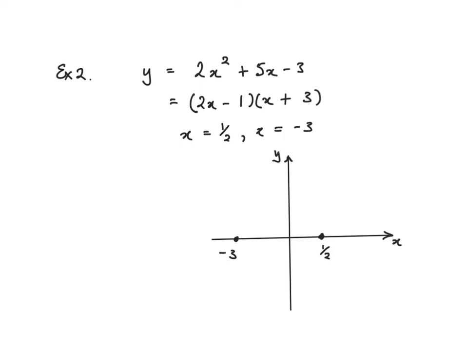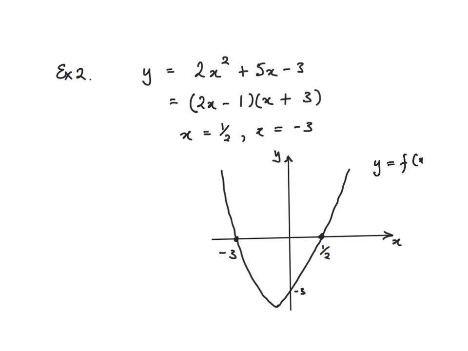Now it's a happy face graph because we've got a positive x squared. So there's something like this. We know that the y-intercept is minus 3. It's useful to know that. So that's the graph of y equals f of x.